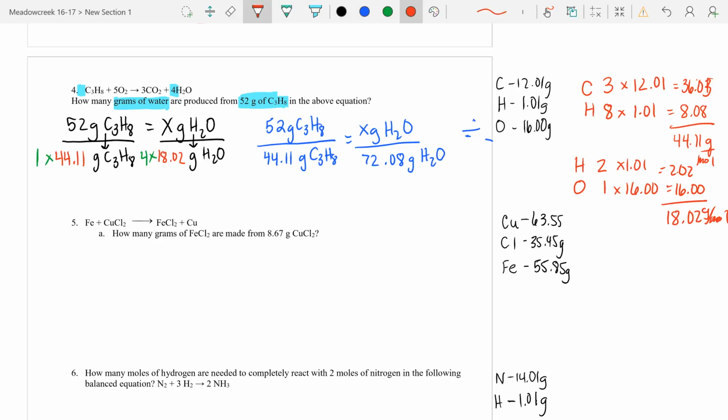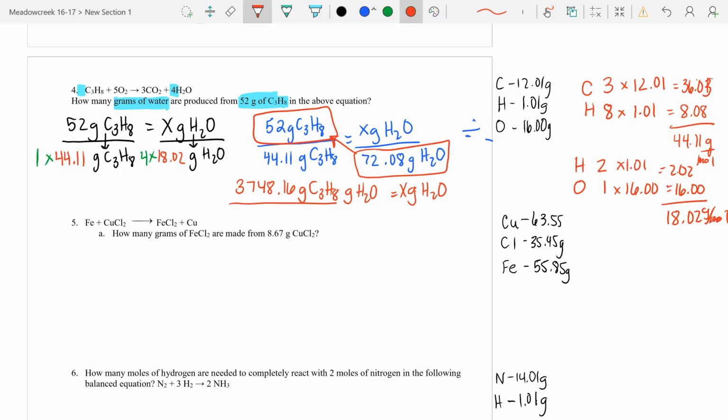I'm going to cross multiply this right here, exactly like we've been doing. So 72.08 times 52 is going to give me 3,748.16 grams of C3H8 grams of H2O is equal to x grams of H2O. And I'm going to divide it by my 44.